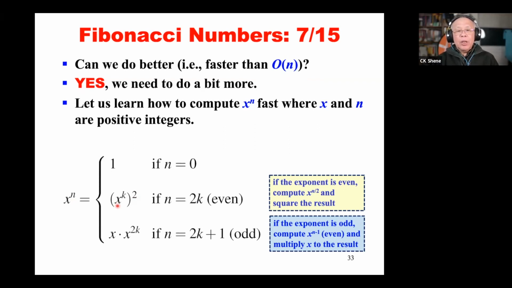So in this case, given an n, we determine k, which is equal to n over 2. Then we compute this and then square it. Instantly, we cut the number of multiplications in half. Remember, divide and conquer.